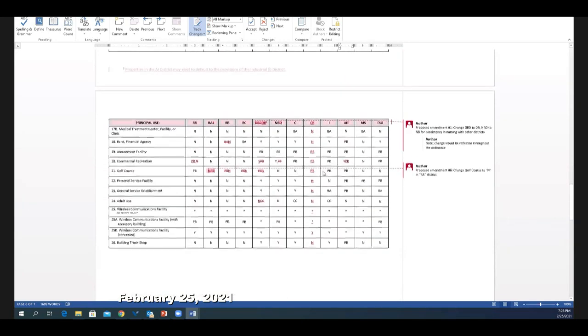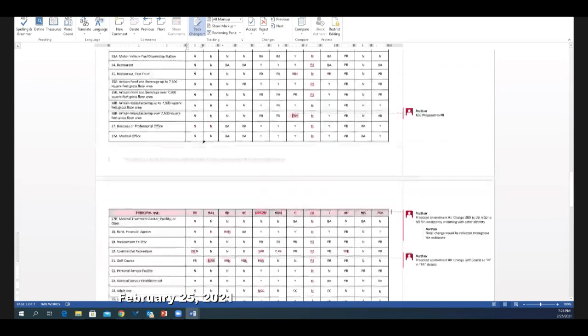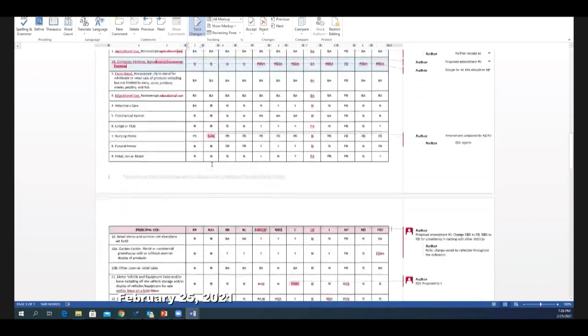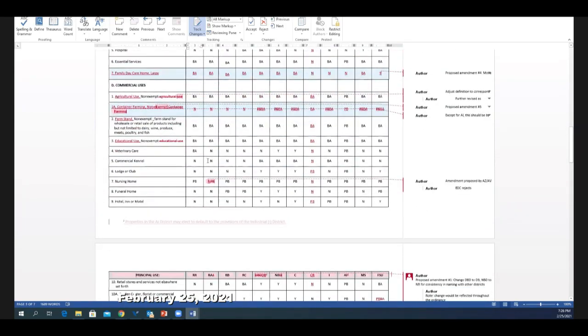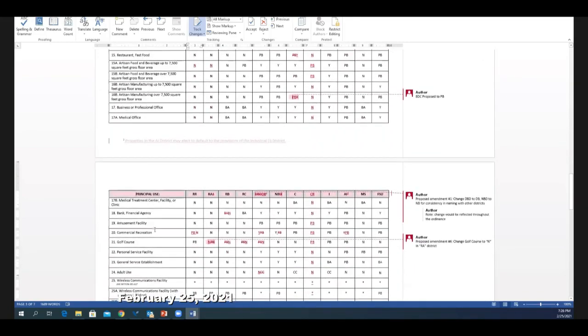We'll take that separately then. With the exception of line 20, is that correct? Yes. I would say D20. So does anyone have any opposition to any of the changes with the exception of line D20? No. All right, so we'll approve all but D20.